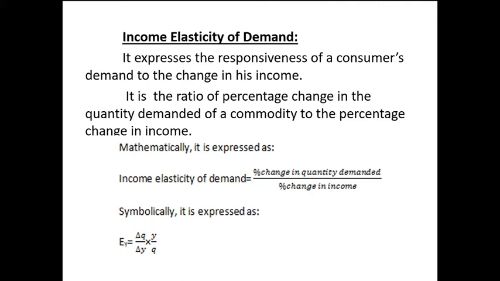Then symbolically we can express this as EY, elasticity of income, equal to delta Q, change in quantity, divided by delta Y, change in level of income. Y is the earlier income, Q is the earlier quantity.